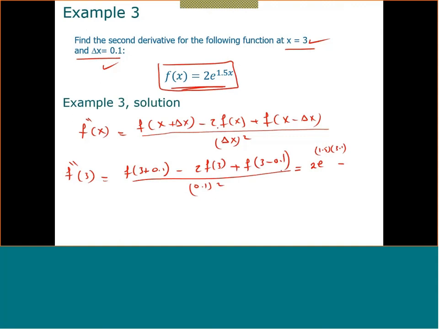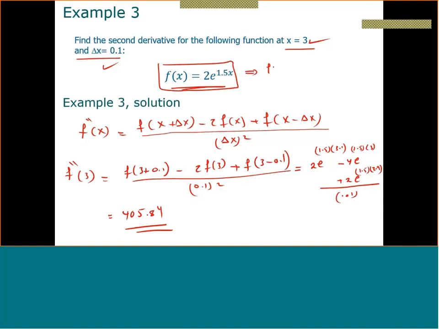So minus 2 times 2, this becomes 4 e to the power of 1.5 times 3, and finally plus 2 e to the power of 1.5 times 2.9, divided by 0.01. If you do this, you will find that this is equal to 405.84.